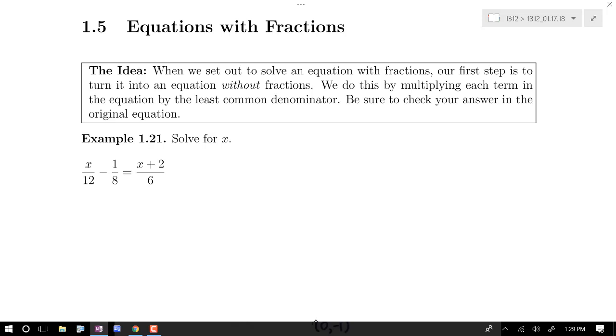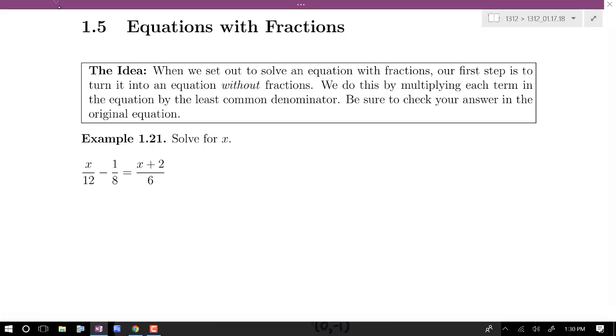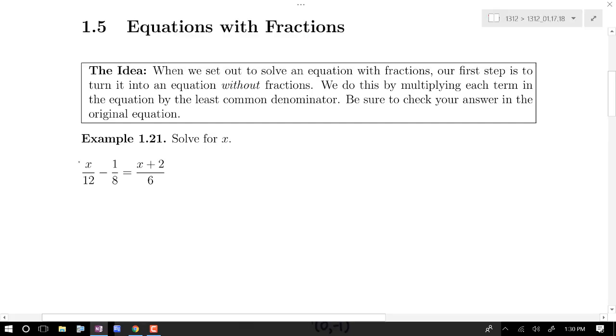So let's start out with a simple-ish one where our denominators are constants. What is the least common multiple of 12, 8, and 6? 24. Okay, so I'm going to multiply both sides by 24. This is the algebraic move that we're allowed to make, right? We can multiply both sides of an equation by the same thing.